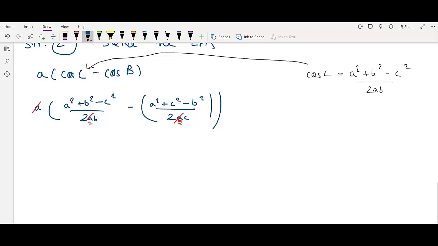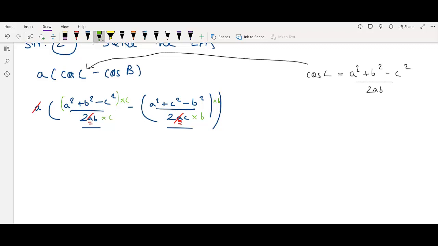Now I have fractions here with their denominators as 2b and 2c respectively. If I want to do some addition and subtraction, I need to take their LCM, right? Their least common multiple. So this term has to be multiplied by c on the numerator and the denominator, so that their denominators become common and I can do some addition subtraction. Similarly, this term has to be multiplied with b in the numerator and the denominator, so that the denominators of both the terms become the same.